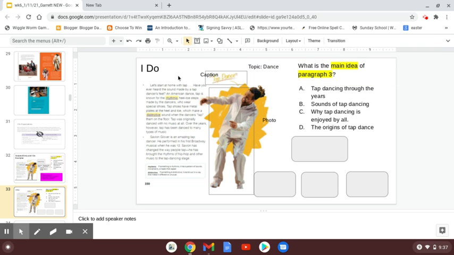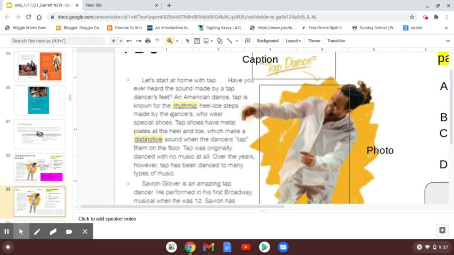So now that I have identified my topic, I'm going to reread my text so I can better understand what the main idea of paragraph 3 is. Let's look at it. So I'm just going to zoom in here and begin reading.